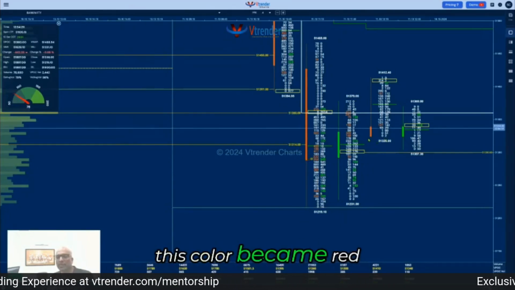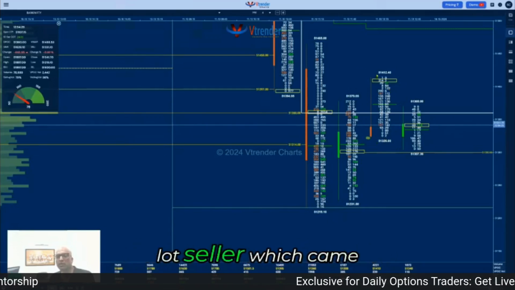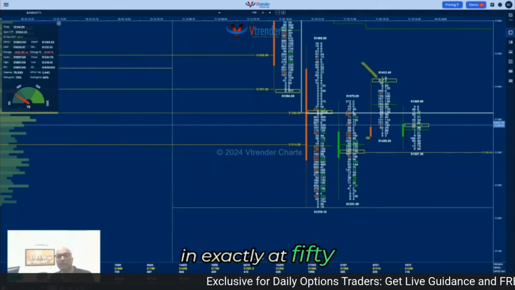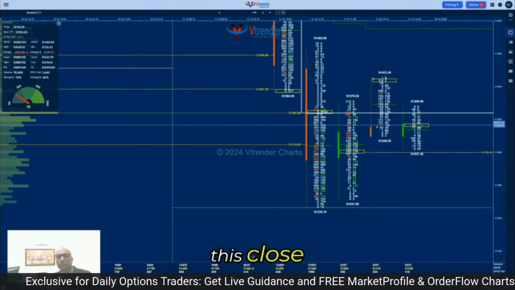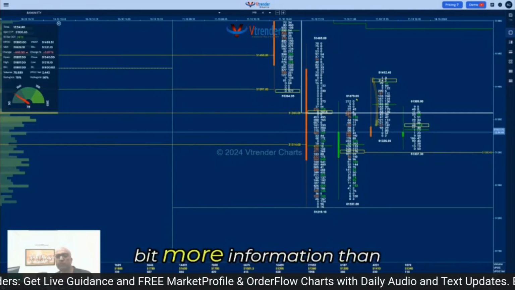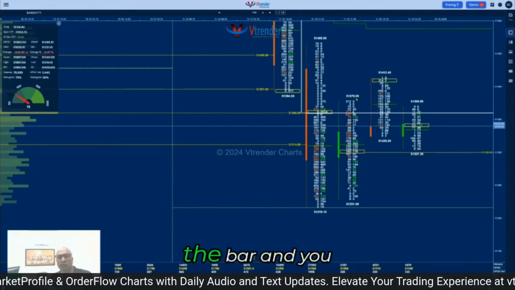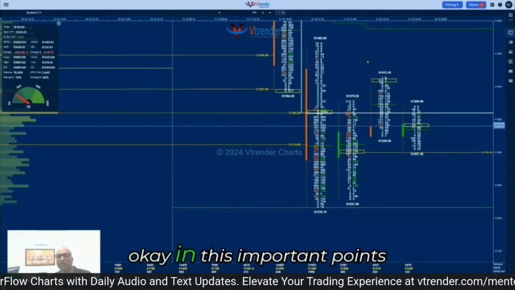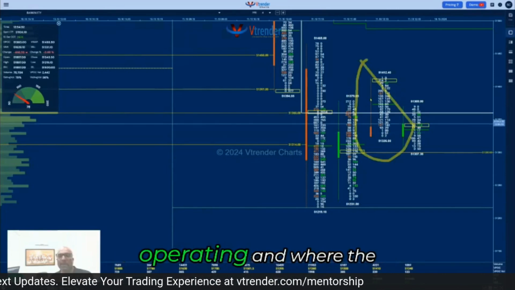This color became red because there is a 314 lot seller which came in exactly at 51,412 and pushed this from the high to this close. So you are actually getting a little more information than the open, high, low, and close of the bar, and you're seeing the important points where the seller is operating and where the buyer is operating.